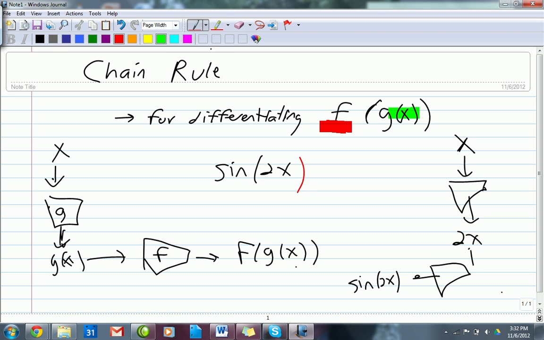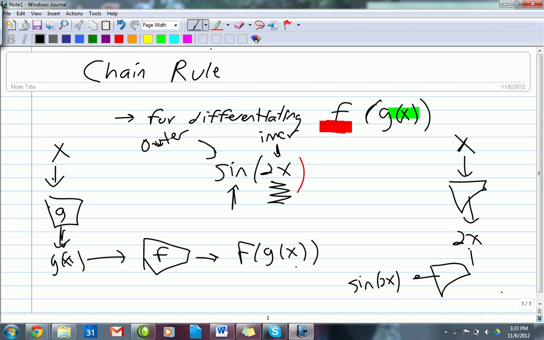This guy right here, the 2x, is your inner piece. And then the sine acts upon that 2x. So that's our outer piece. So in any event, we have the composition of two functions in this case: sine of 2x, 2x being our inner function, sine of x being our outer function.